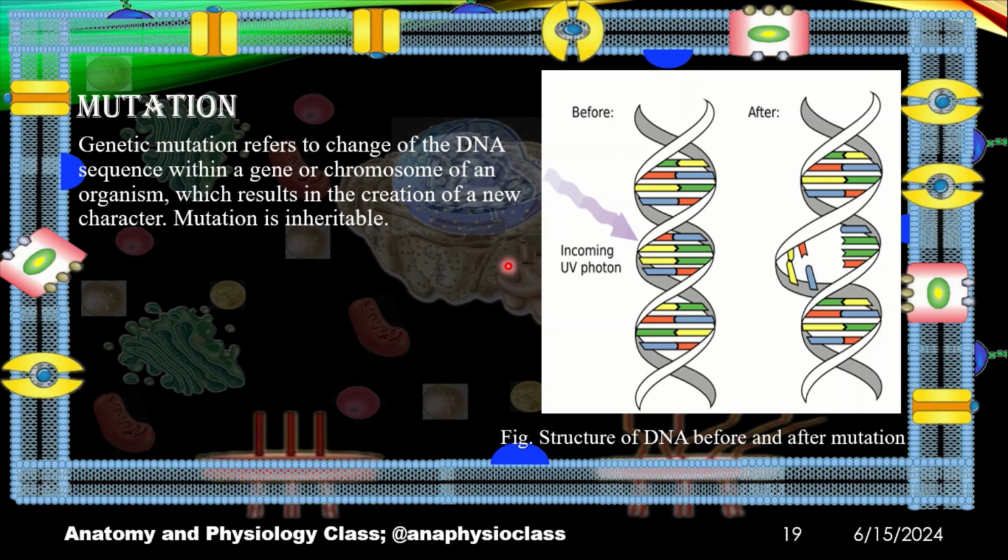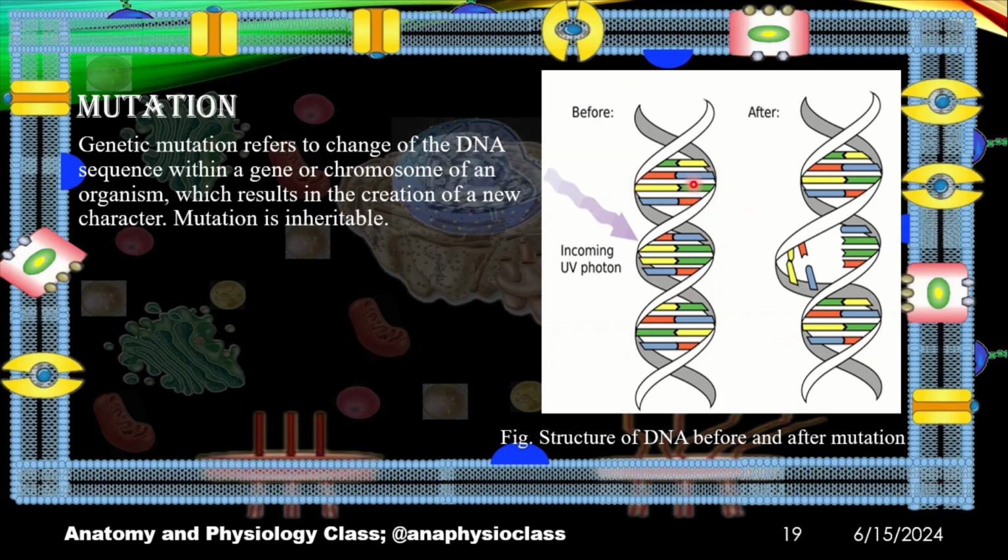So mutation is inheritable. These segments of DNA that you are seeing are what is known as genes, and each and every gene is encoded for a specific trait. Each gene is responsible for producing a specific trait in the human. Trait means character. For example, we have the gene for tallness, the gene for shortness, the gene for eye color, skin color, and different characters.